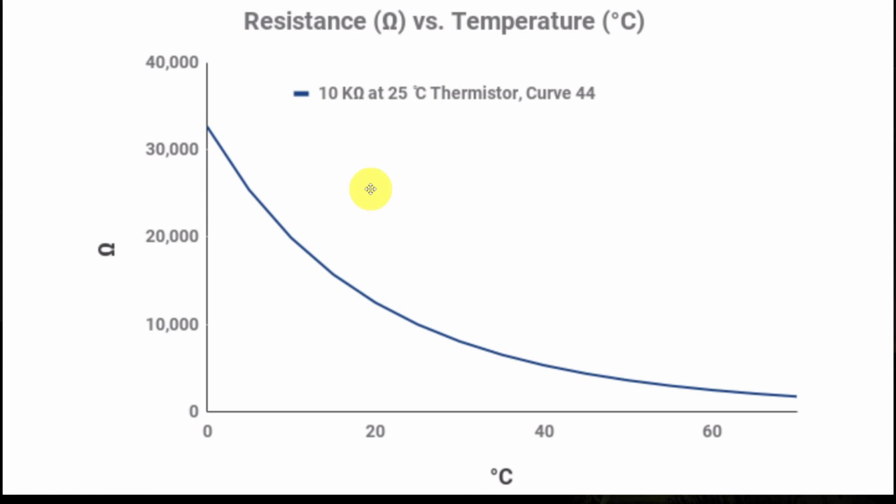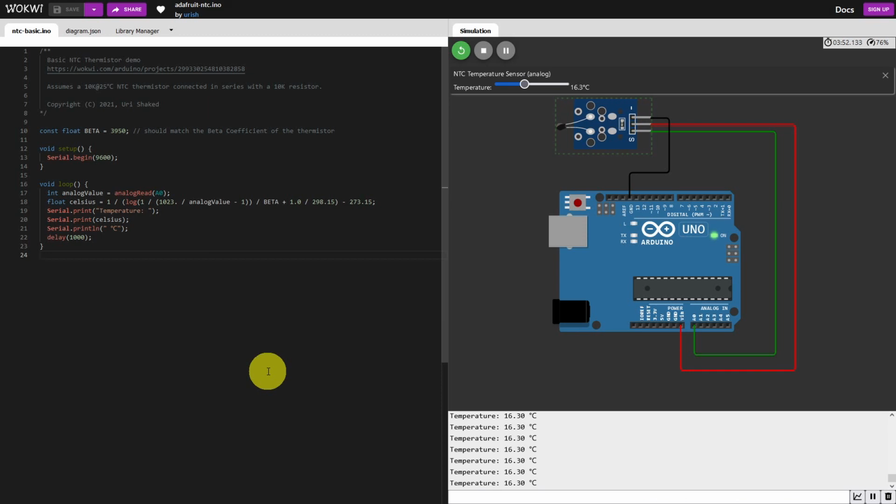So next let's have a look at the code for this little setup. Alright, so what I've got here is the hardware, which is Arduino and the NTC thermistor, and I've got the code running. So let's have a look at the code.